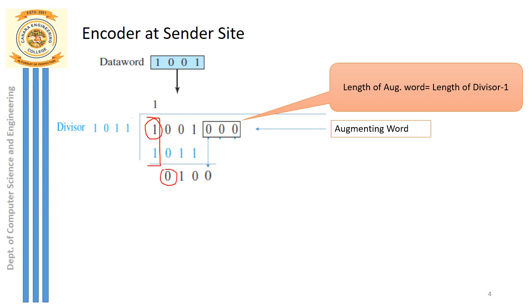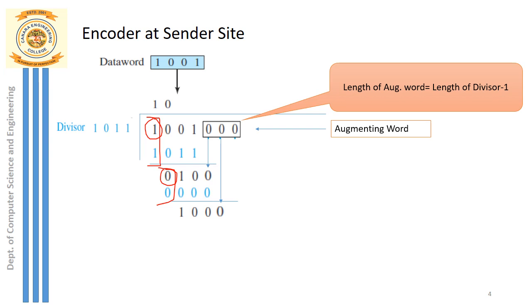Again we check the first bit of the dividend. The first bit of the dividend is 0, that is why we multiply the divisor with 0 and we get 0000. Again we perform XOR operation after leaving the leftmost bit, and the remainder is 100. Again we bring one bit down and we get the new dividend as 1000.